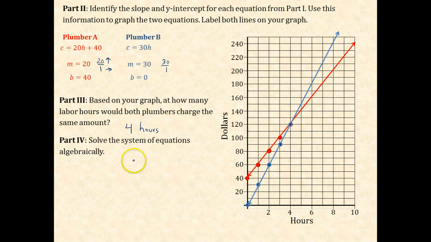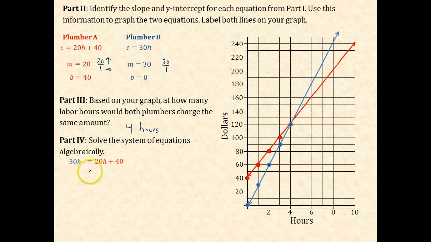And now let's solve the system algebraically. Well, we can use substitution here. Since 30h equals c, we can plug this 30h in for this c over here. And now we just need to solve for h.